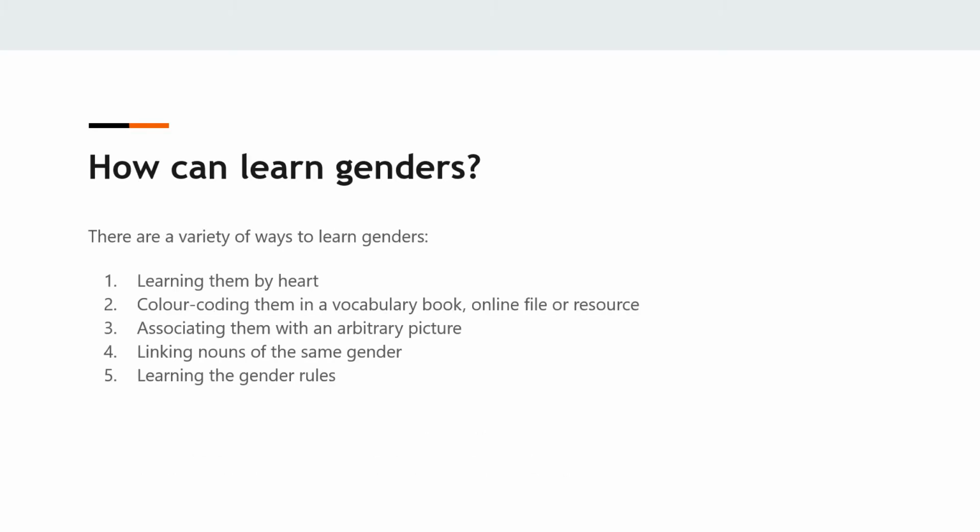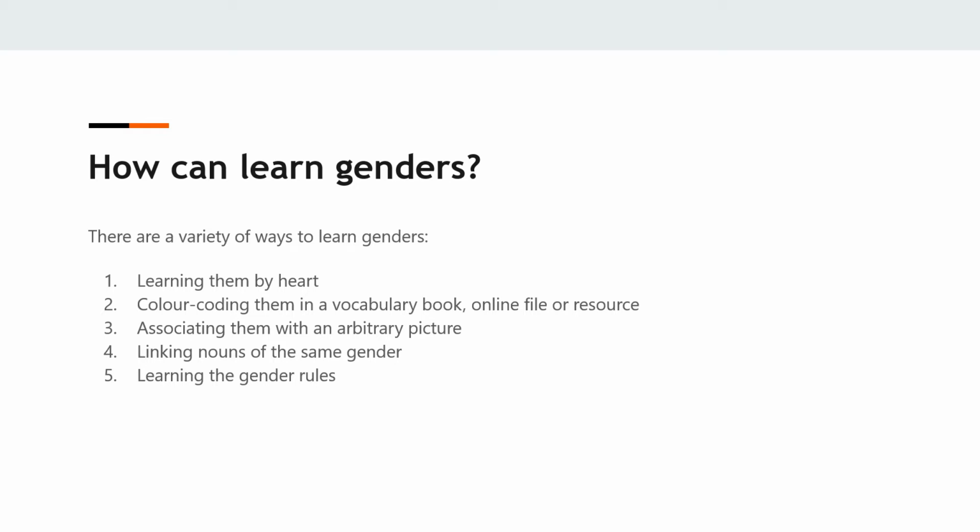So obviously the question is, how can you learn the genders? Are there any rules? Are there any strategies? So I have found 5 different ways that over the years some of my students have used and have found beneficial. So number 1, you could learn them by heart. Number 2, color code them in a vocabulary book or in an online file.